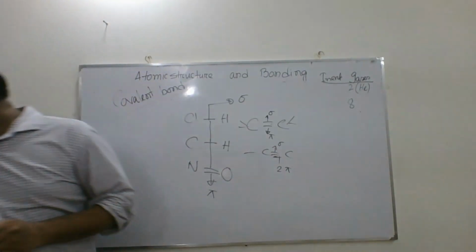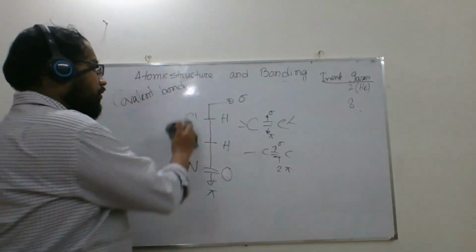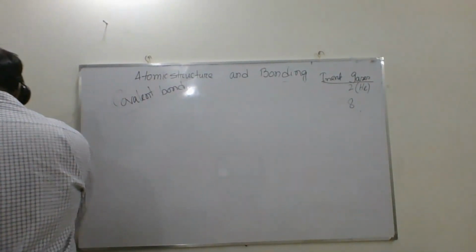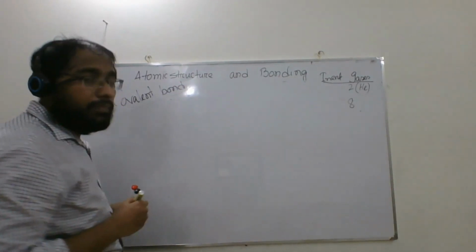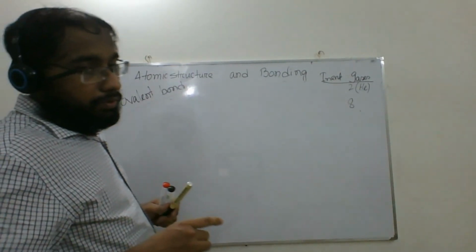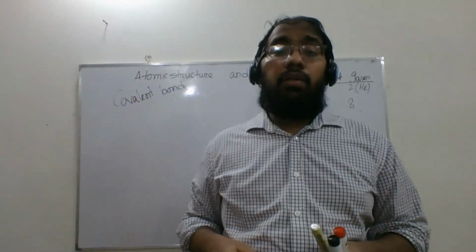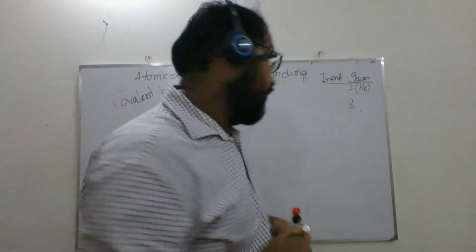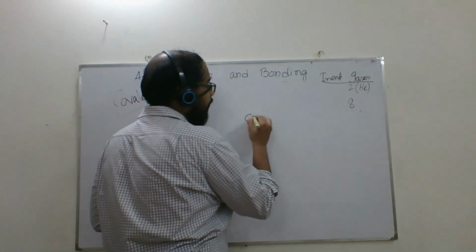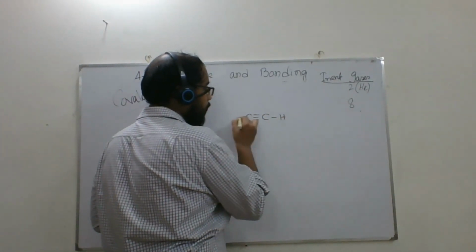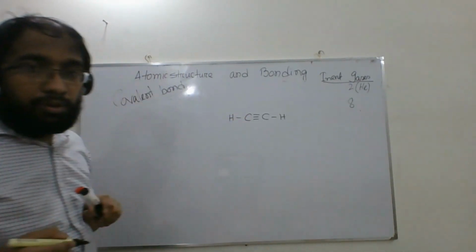Okay. Now, if we consider the sigma bonds and the pi bonds, how many sigma bonds are there?